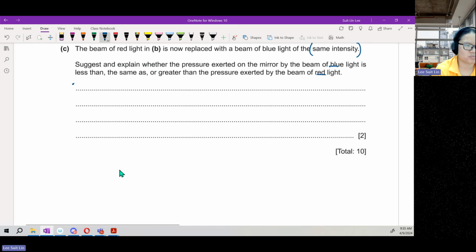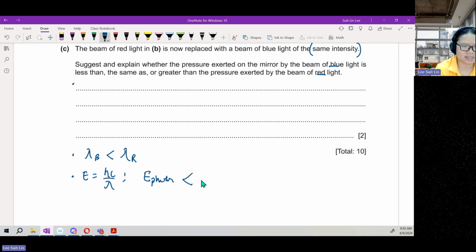Let me compare R and B. I need to draw a table now. Wavelength of blue is shorter than wavelength of red. E is equal to hc over lambda. Energy of the blue photon is more than the energy of the red photon.